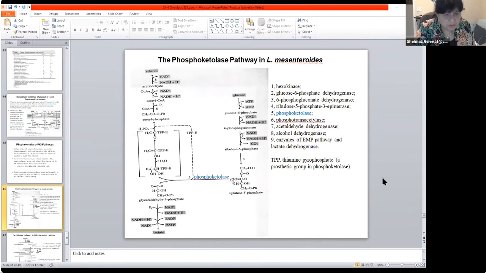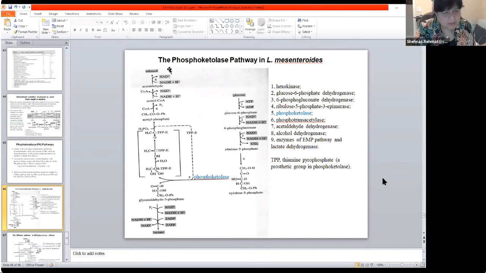And this xylulose 5-phosphate is the target for this phosphoketolase, and this phosphoketolase will take it into a path where the ethanol will be the end product, and the bifurcation here will give you the lactate. So this is the phosphoketolase pathway for glucose, which has this one phosphoketolase only, which will end up in production of lactate as well as ethanol.